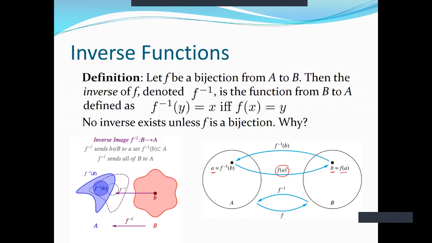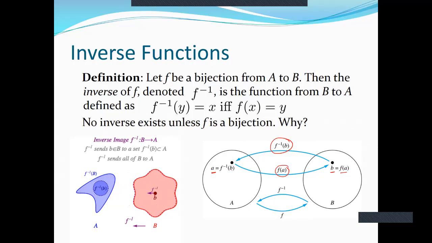That means this can be mapped with the inverse function in the reverse direction, with the inverse arrow, and this is mapped with f inverse of b. Then a becomes the image, and b becomes the pre-image of f inverse of b. So the inverse function reverts everything.